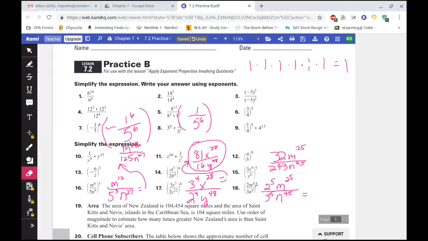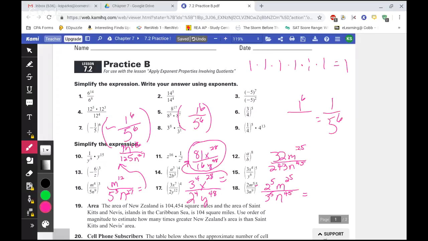If you left your answer like this, I would really be okay with that. Just knowing that you have to distribute everything inside is what's most important to me. My preference would be this, actually, because I would love to know that you guys know that 1 to the 6th is 1.